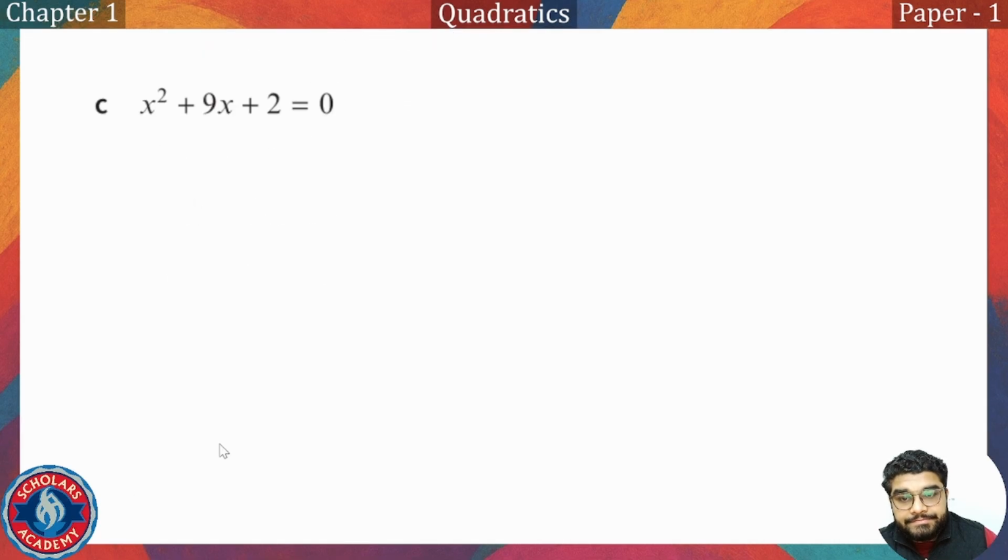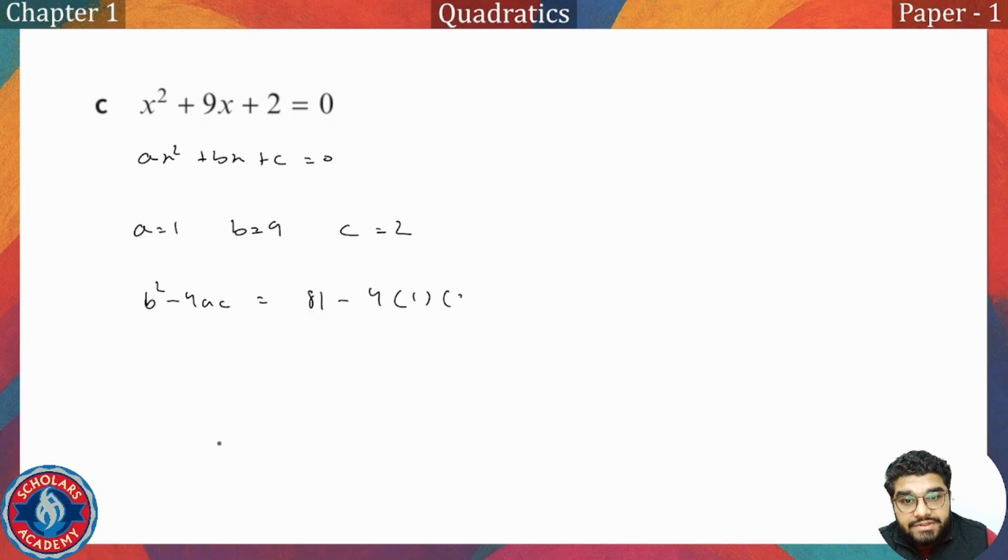Let's move forward. So comparing it with the ax square plus bx plus c is equal to 0, we get a is equal to 1, b is equal to 9, and c is equal to 2. So if I find the value of discriminant, so b square minus 4ac is equal to 81 minus 4 times 1 times 2.